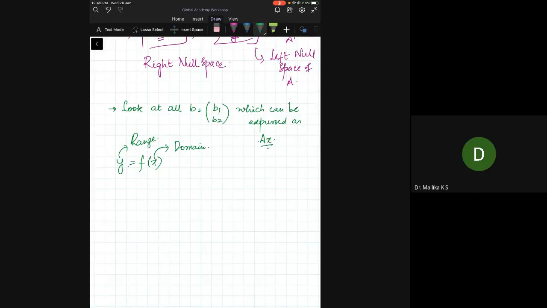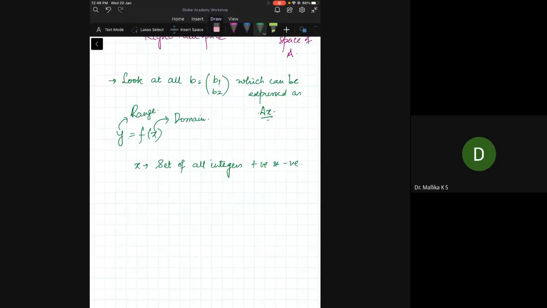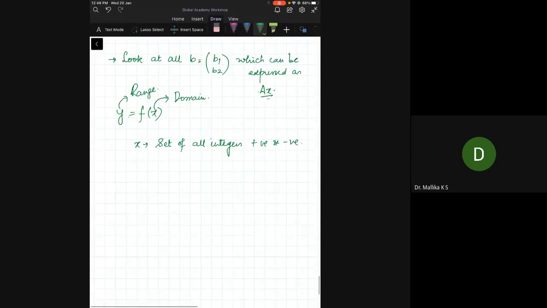Now, suppose I give you this. Let us take x to be the set of all integers, both positive and negative, ranging from minus infinity to infinity, all integers. And I want to look at f of x equal to x squared. Can you tell me the domain and the range of this?